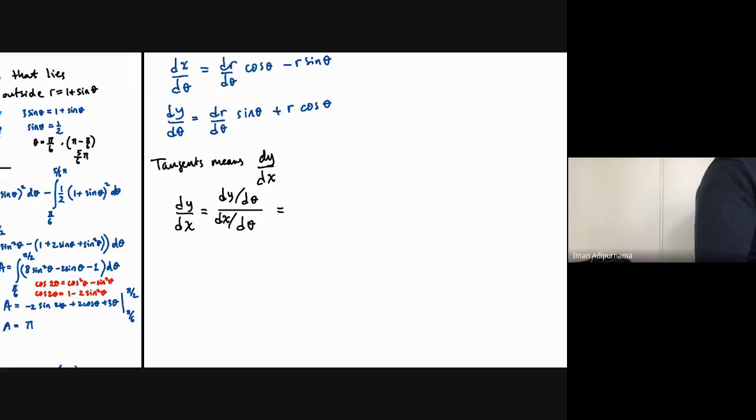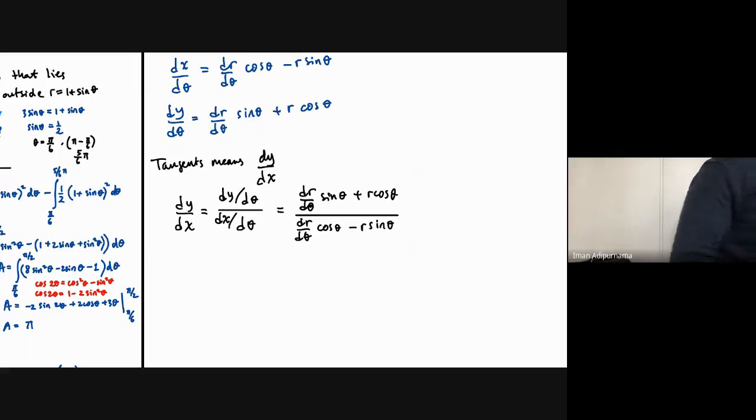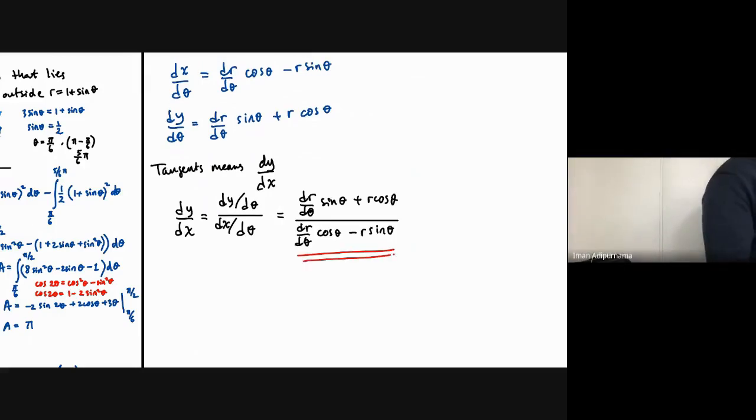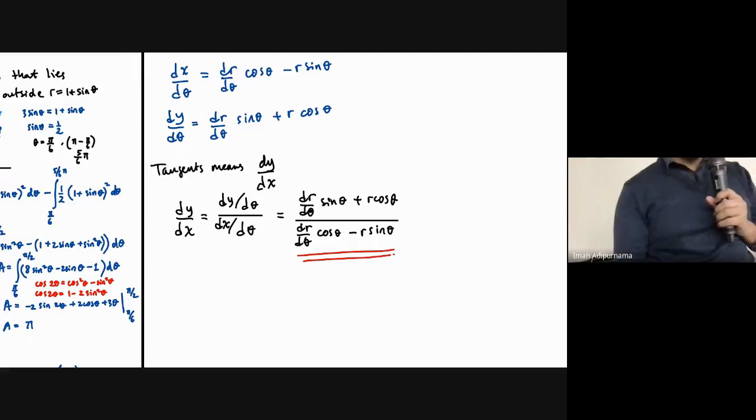We can write this as dr over d theta sine theta plus r cos theta, and that's it for the tangent.